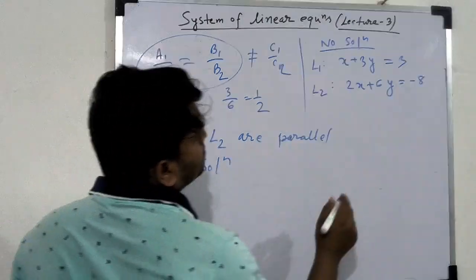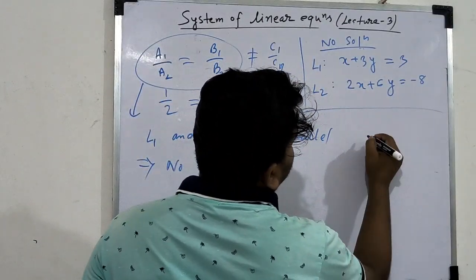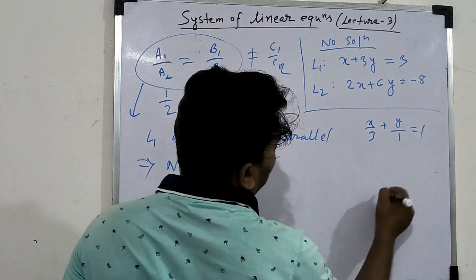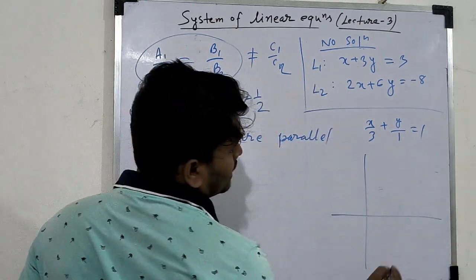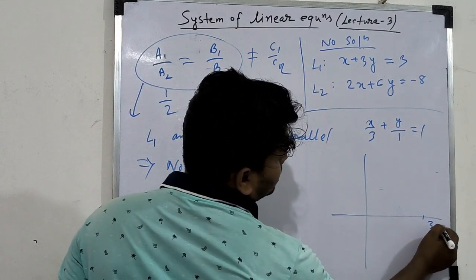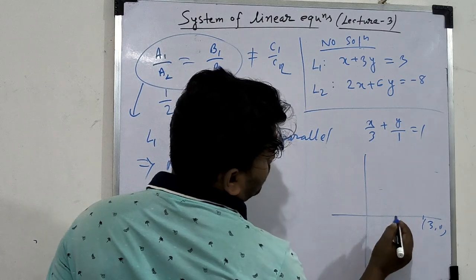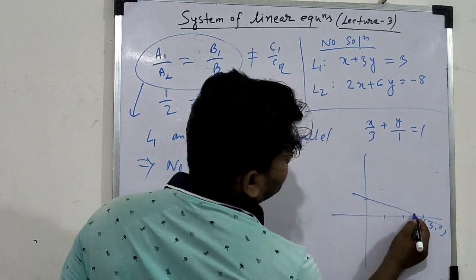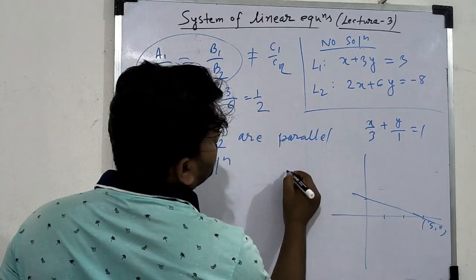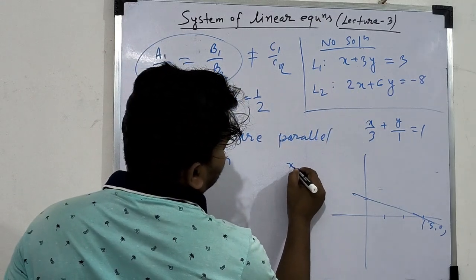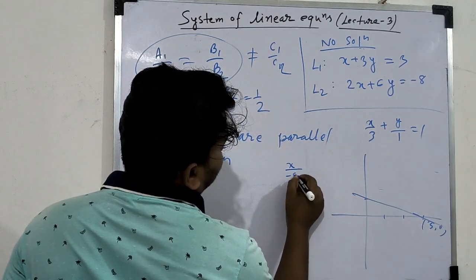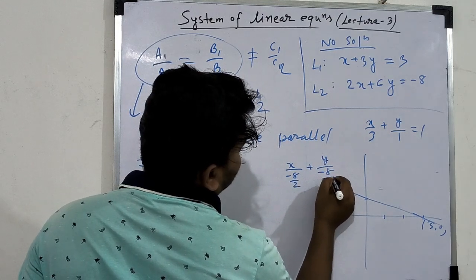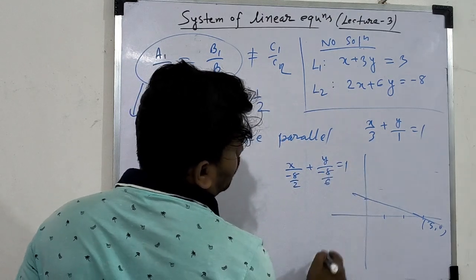If you draw these two lines, you will get x by 3 plus y by 1 equal to 1. This line will cut the x-axis at 3 comma 0 and the y-axis at 1. If we draw this, this will be the line, and the second line will be x by minus 8 by 2 plus y by minus 8 by 6 equal to 1.